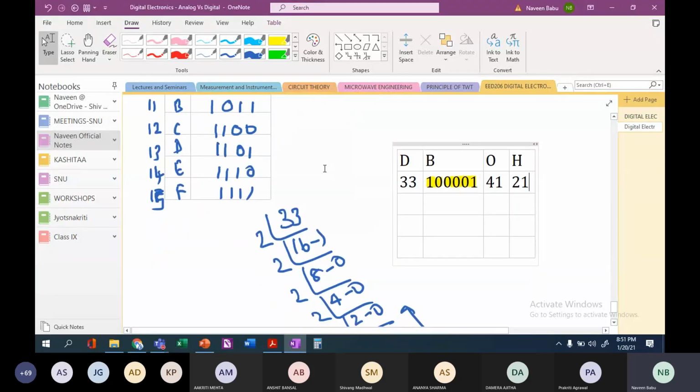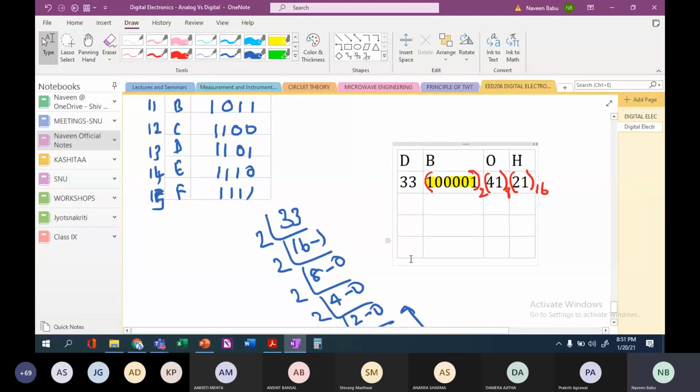Please note that all these numbers might look like decimal numbers. So you must add their base value here. You must always write to the base 2 here, to the base 8 here, and to the base 16 here.